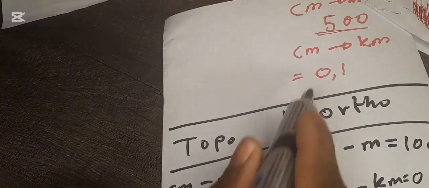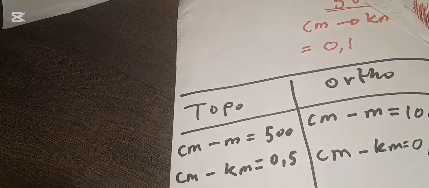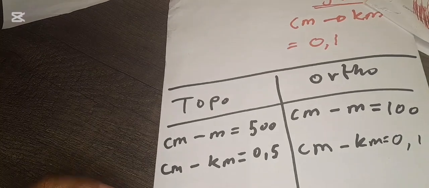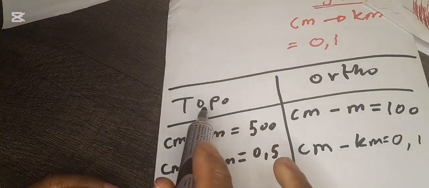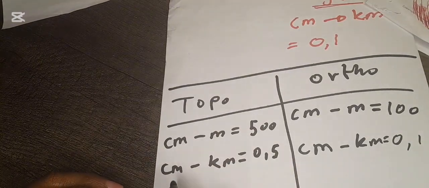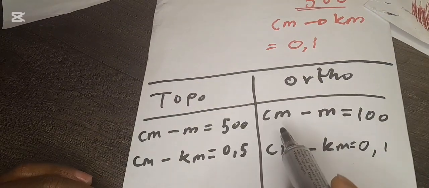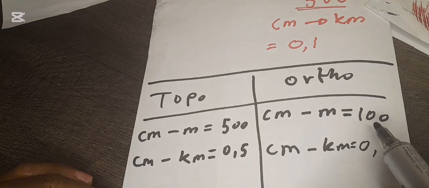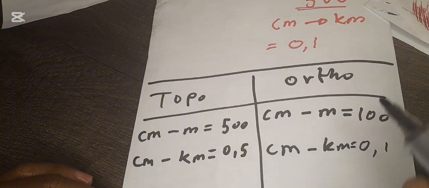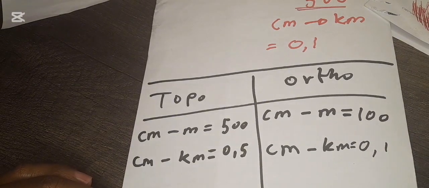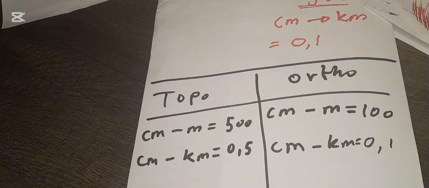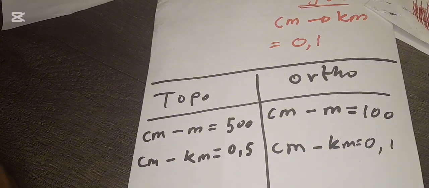I forgot that it's an orthophoto map. So this is the correct format. Centimeter to meter on a topographical map, 500. Centimeter to kilometer on a topographical map, 0.5. Centimeter to meter on an orthophoto map, 100. Centimeter to kilometer on an orthophoto, 0.1. Then your final answer would be in that particular unit of measure that the examiner requested.